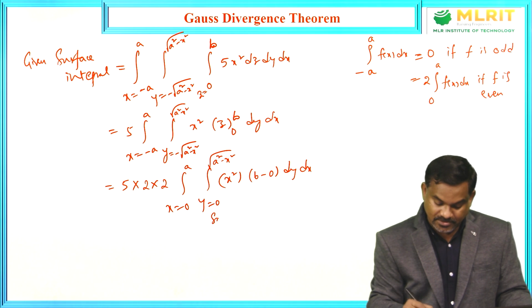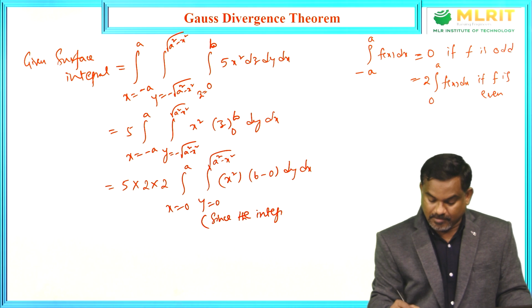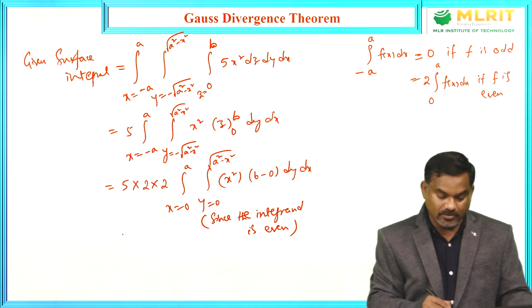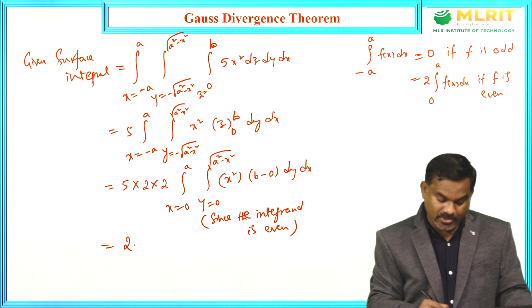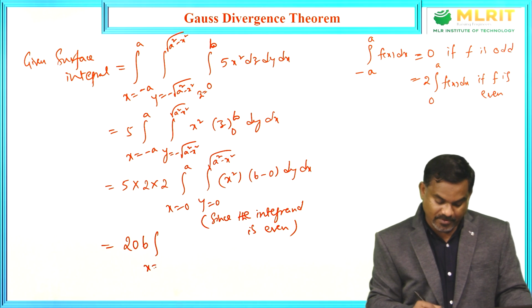So since the integrand is even, that implies 20b, x from 0 to a, x square into, now integral dy is y, and 0 to root a square minus x square.